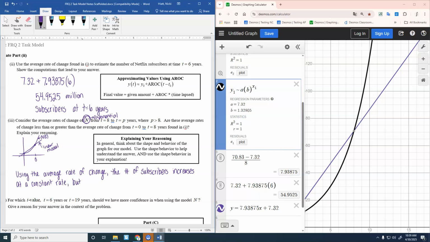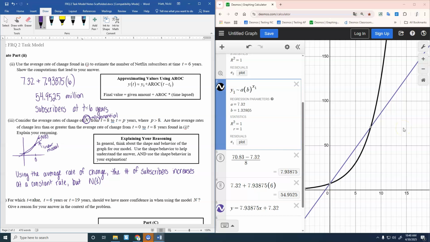But N of t, what can we say about the rate of change of N of t? We could use the word proportional. I would probably go with a different phrase. Is N of t, is that black graph, is it increasing at a constant rate? What could we say about how that rate is increasing? The N of t increases. You could say exponentially, and you might be okay.